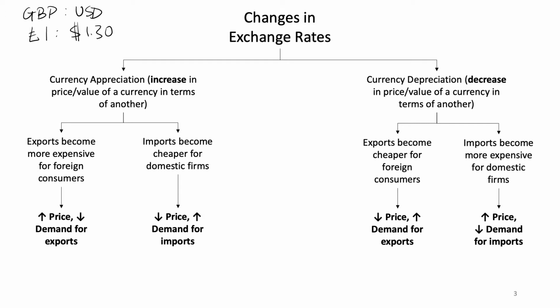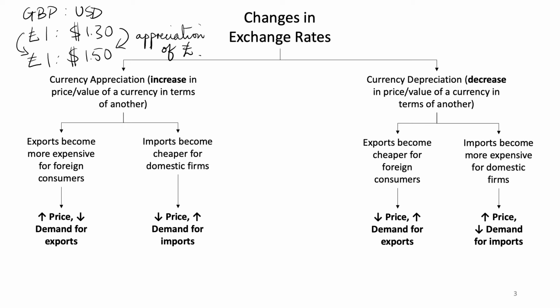If the pound appreciates, this means that you can now buy more dollars with each pound. So one example of the pound appreciating could be when the exchange rate goes from £1 to $1.30 to £1 to $1.50. In this case, the pound buys more dollars, and so the pound is appreciated compared to the dollar.